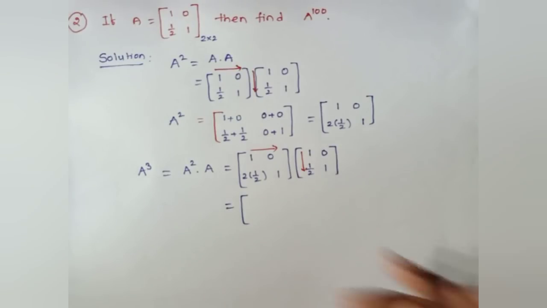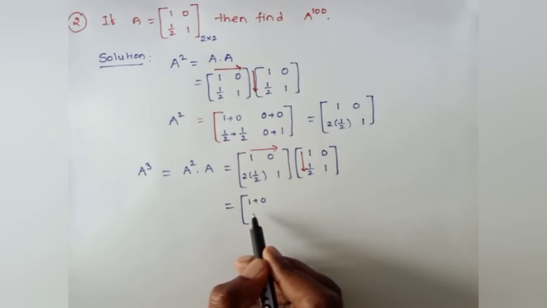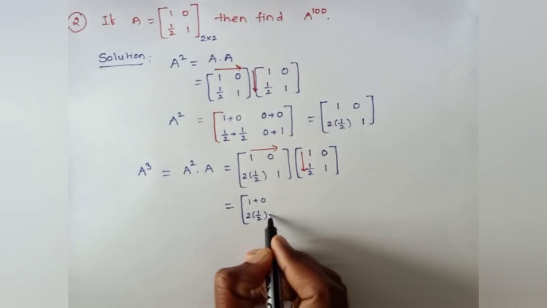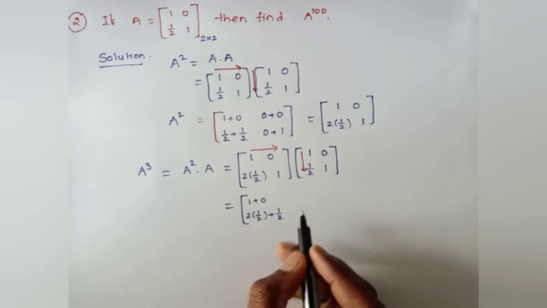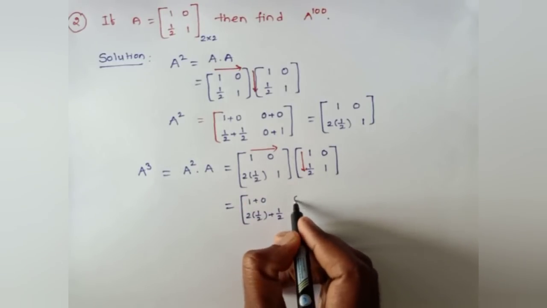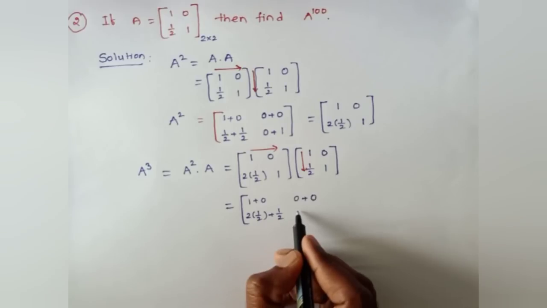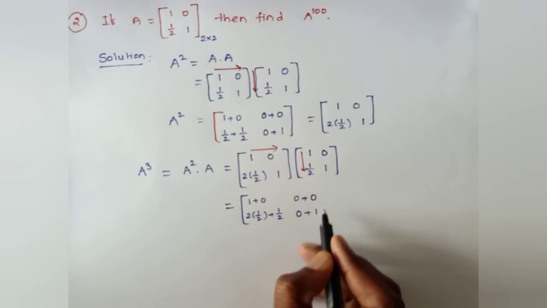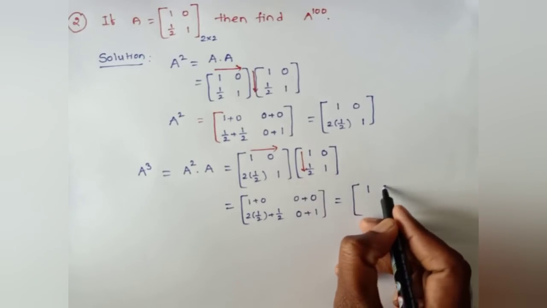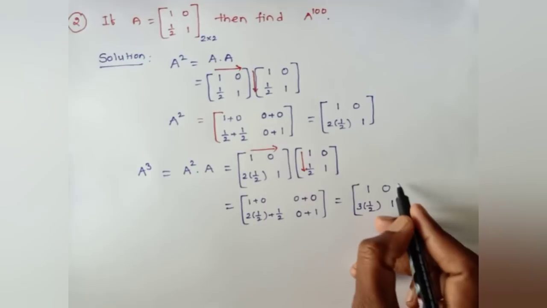So 1 into 1 is 1, 0 into 1/2 is 0, and next 2 times 1/2 into 1/2 is 2 times of 1/2, plus 1 into 1/2 is 1/2. Next, 1 into 0 is 0, plus 0 into 1 is also 0, and 2 times 1/2 into 0 is 0, plus 1 into 1 is 1. So this equals [1, 0; 3 times 1/2, 1].